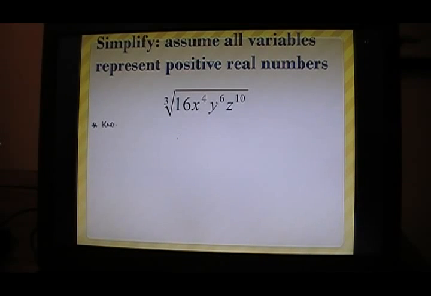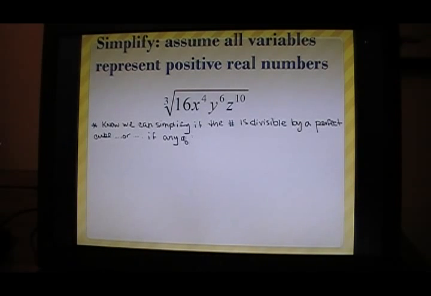So we know we can simplify if there is a number divisible by a perfect cube, or if any of the exponents are greater than or equal to the index.